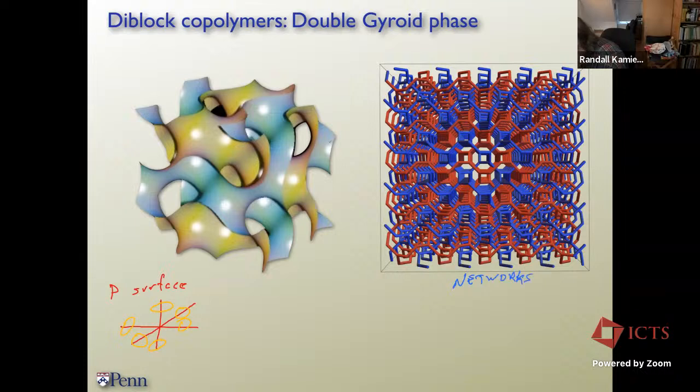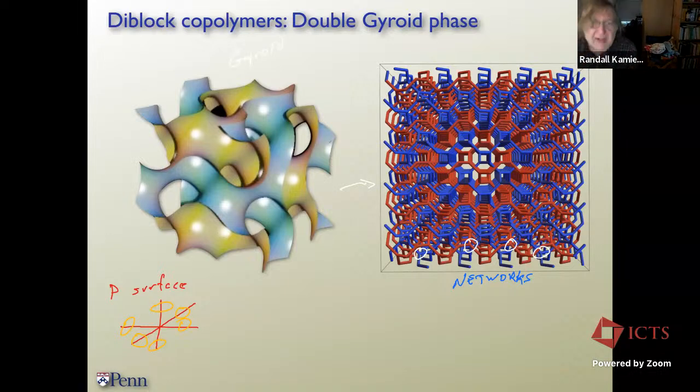There's a blue network and a red network, and maybe you can see each node on the network is threefold coordinated, right? So there are three edges coming out of each node. And this red network and this blue network are interpenetrating networks that are separated by this surface. So if I drew the surface in between the red network and the blue network, I would get this gyroid.